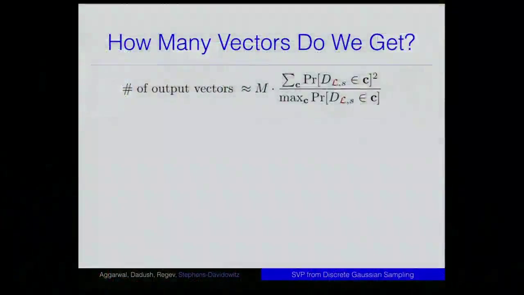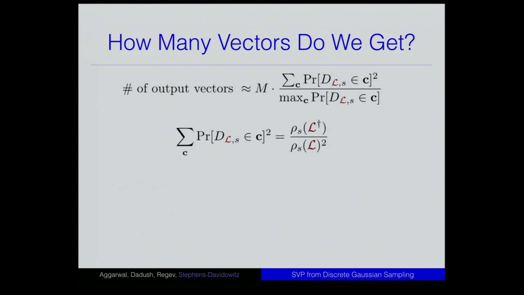So I have this collision probability divided by this maximal probability. And I just want you to note that this collision probability, we actually gave this a name earlier, right? We have this collision lattice, this L dagger that I named earlier. So this is just the Gaussian mass of L dagger divided by the Gaussian mass of the product lattice, which is just the mass of the lattice squared.